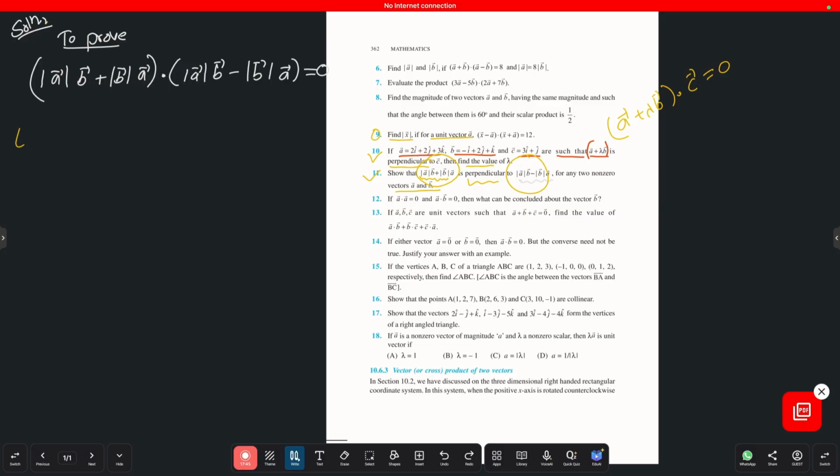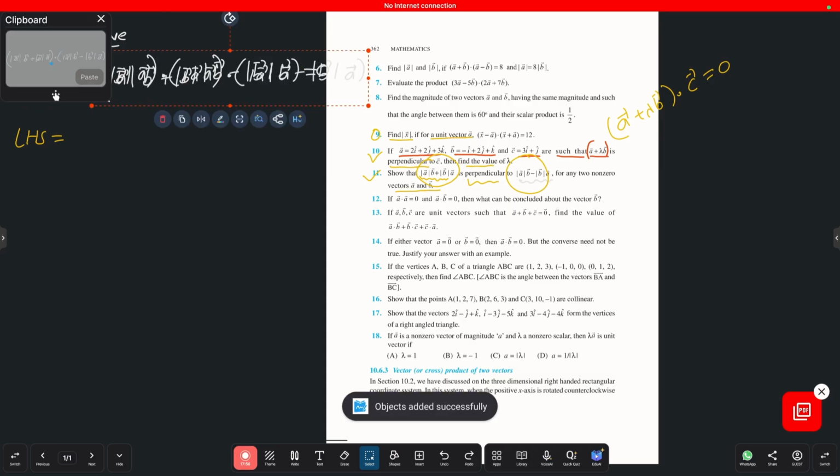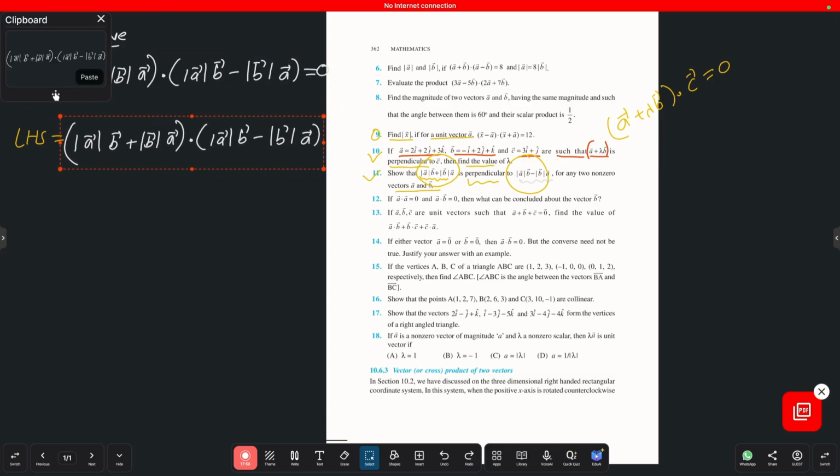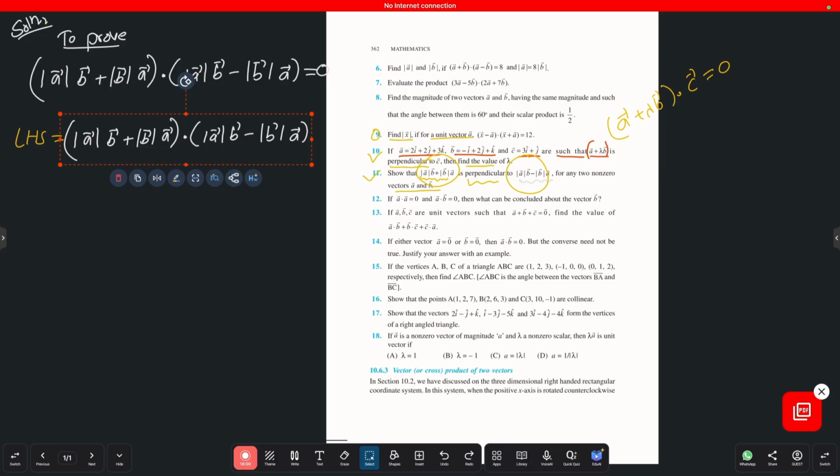So take this LHS. Taking LHS, then multiply. Now multiply again: |a| b vector with |a| b vector.